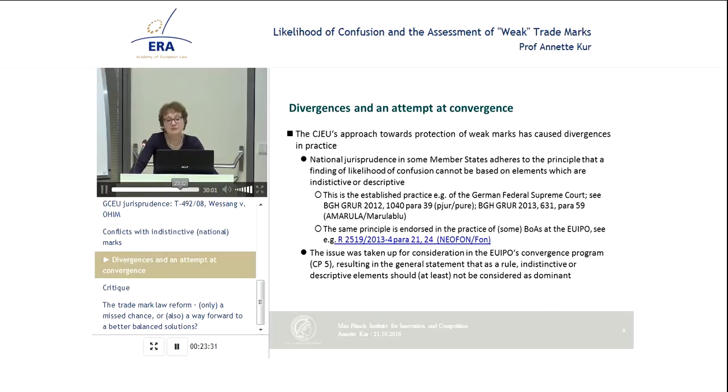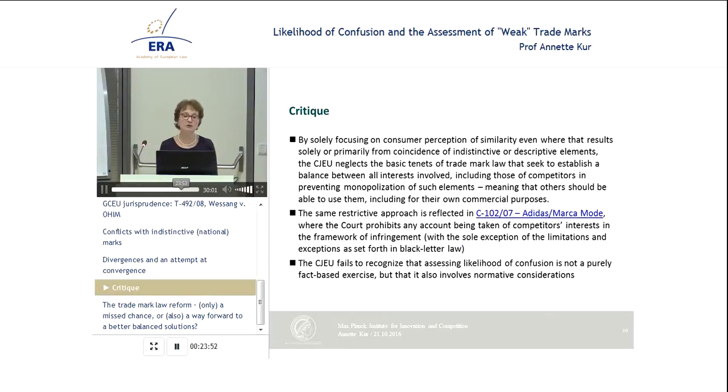But at least some steps were taken to say that if an element is indistinctive or descriptive, it should at least not be considered as dominant, which would help to some extent. But again, the Court of Justice and the General Court are not bound to that, and obviously until now they have not really reacted. So I tried to formulate my critique, but I think this has become clear already from what I said before.